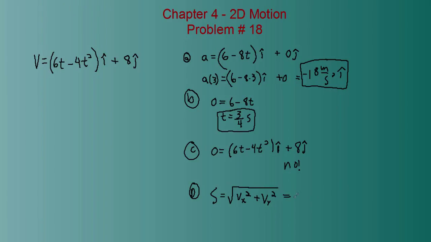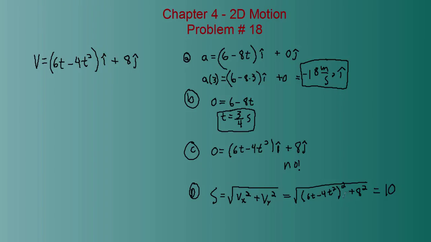And so we just plug in the x component here and the y component here, and this becomes the square root of 6t minus 4t squared, all squared, plus 8 squared. And we want to know, can this ever equal 10?